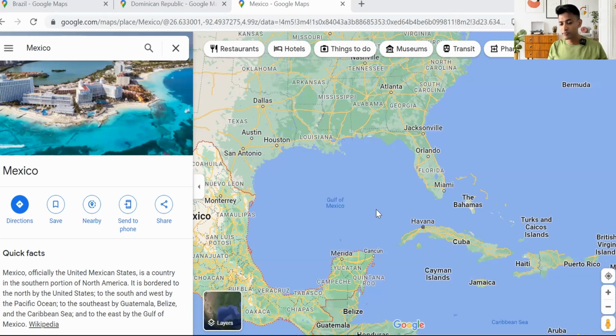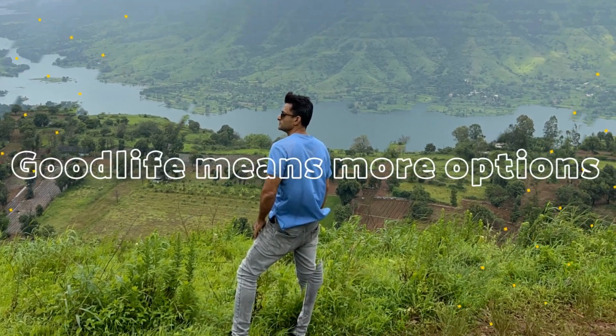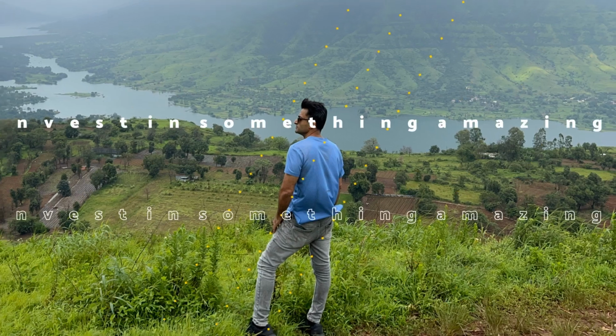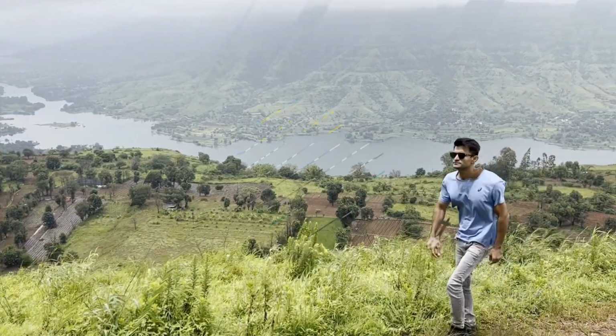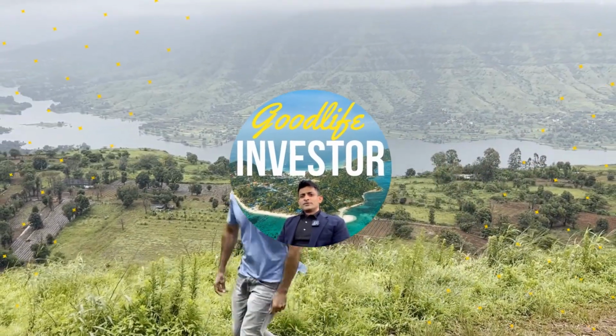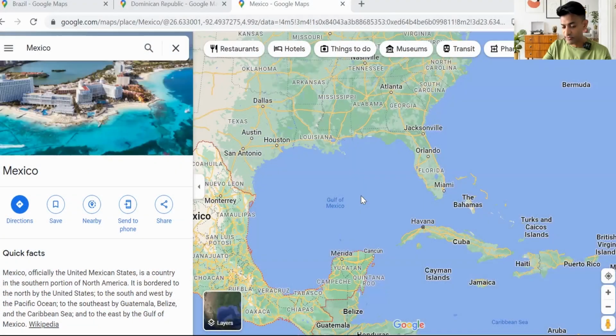So the rental potential for the neighboring countries is very high because you have direct flights, direct access from the US. So when you look at the map, I wanted to focus the attention on a couple of key states in the US.